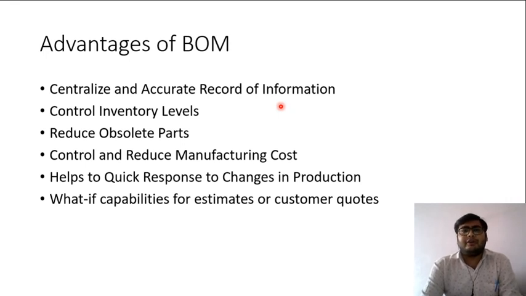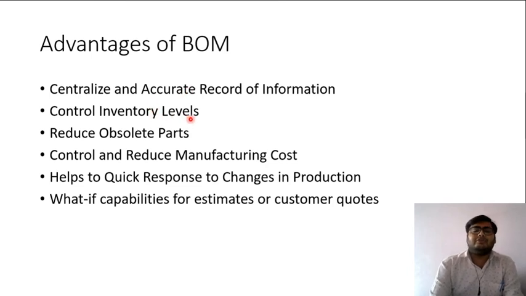For 100 products you will have thousands of parts, and all those records can be found in the bill of material. Also it helps to control the inventory levels, because if you are ordering thousands of parts, which part is required in how much quantity will be controlled by the bill of material.